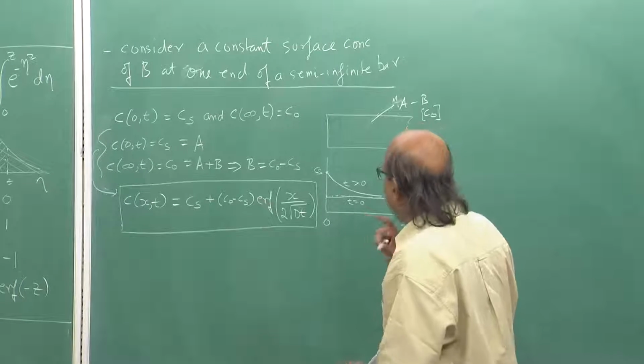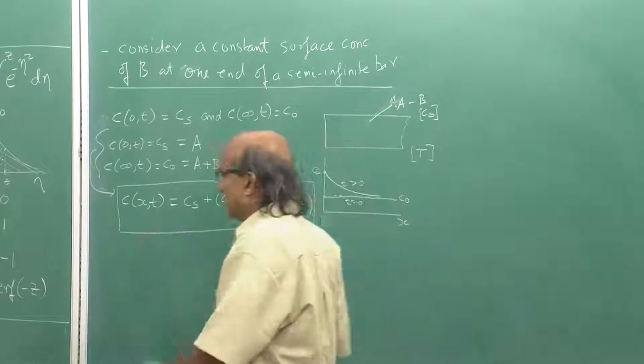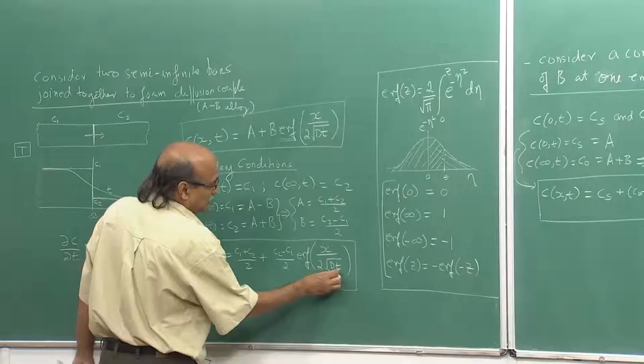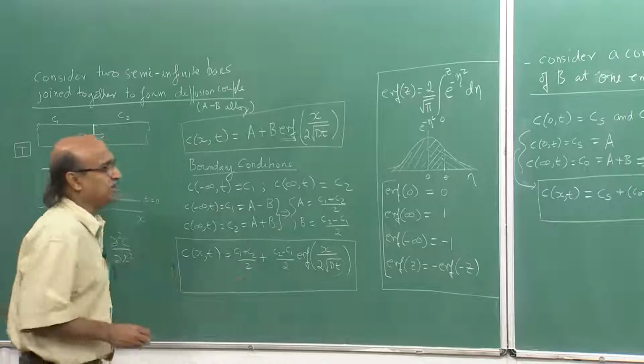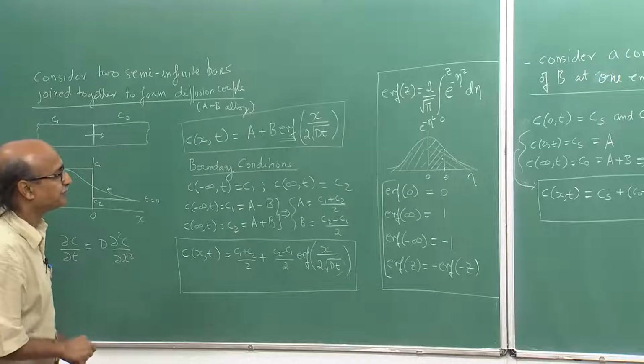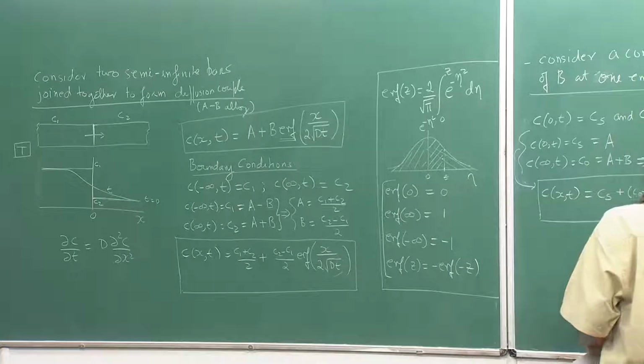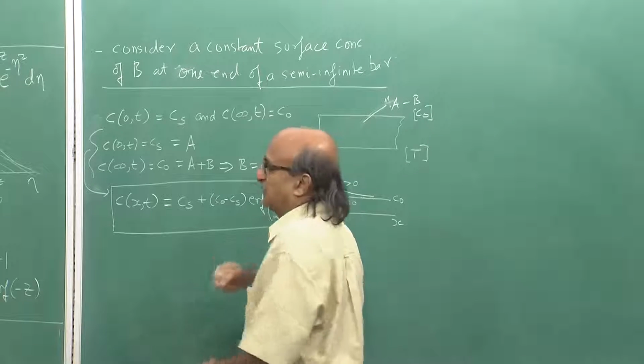The coefficient D has kept coming up in all the solutions, and in fact you will notice in all the solutions the term square root Dt keeps coming up, right from the first lecture on diffusion.